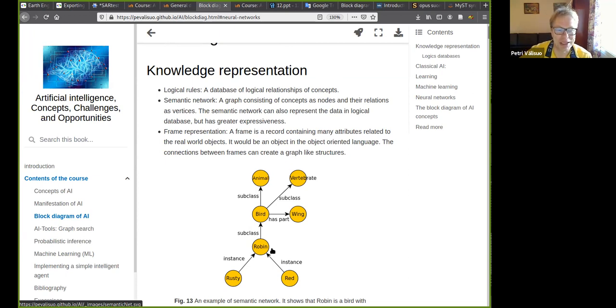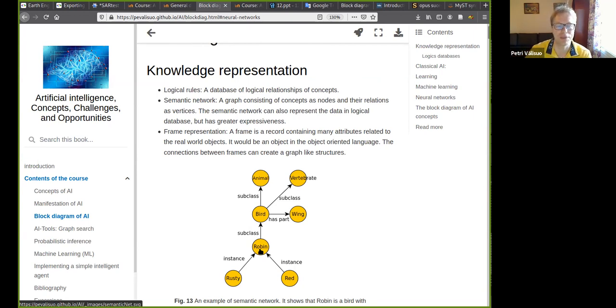And then you also know that it was a bird, an animal, a vertebrate, and it has wings. Also, if you see a bird that has wings, then from this database it has to be robin because there are no other options here. But of course, in a larger network, there could be many other options. But then you would know that there is a list of birds, and it must have been one of these.